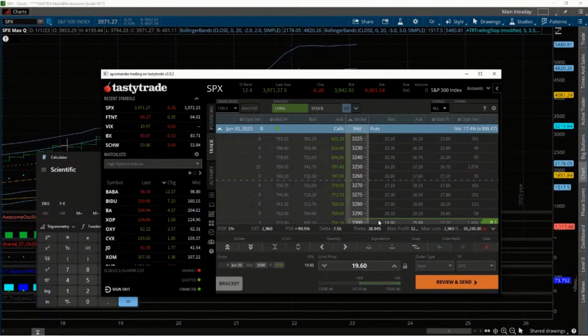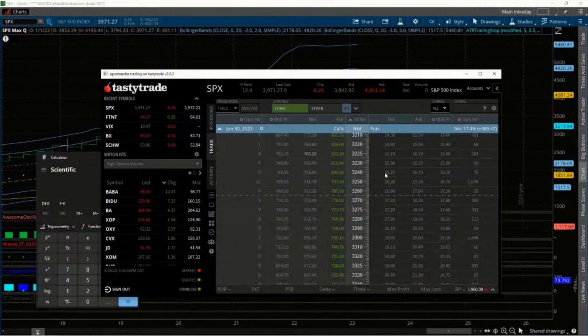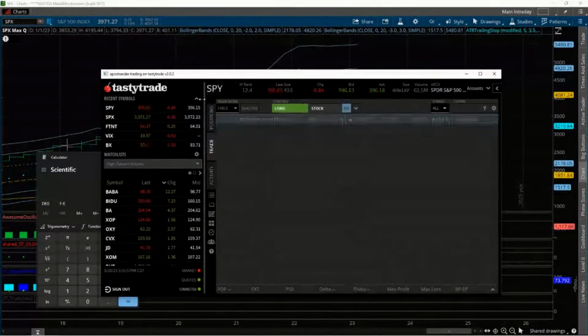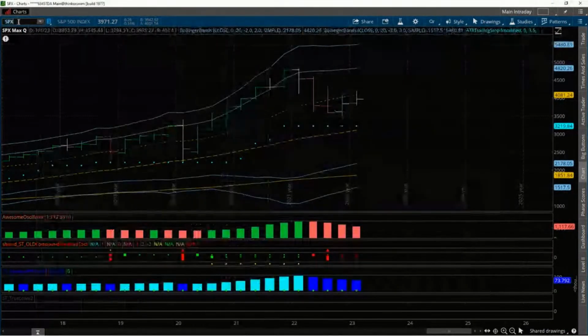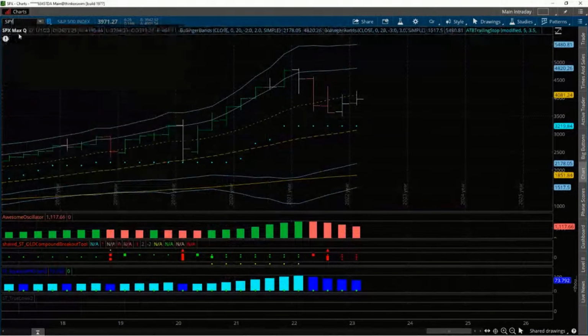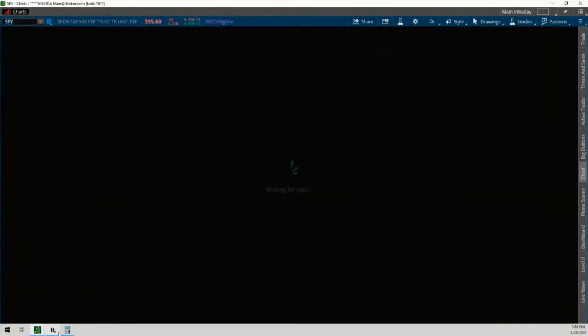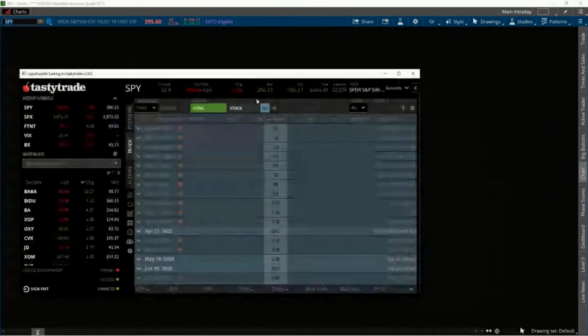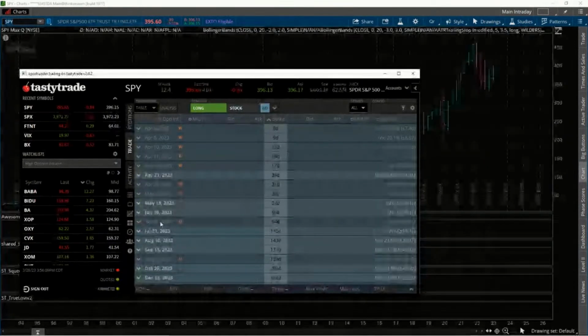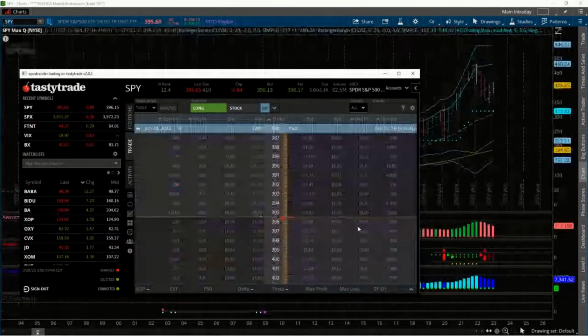So that's another way you could trade it. But keep in mind, SPX isn't the only vehicle you could look at. You could also look at the equivalent of SPY, the ETF of SPX. So let's just pull up SPY on the chart here. For SPY, if you prefer, it has a quarterly expiration.